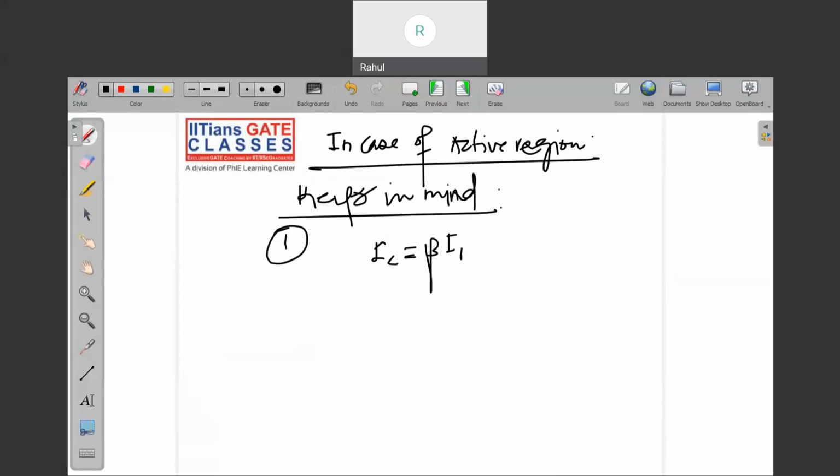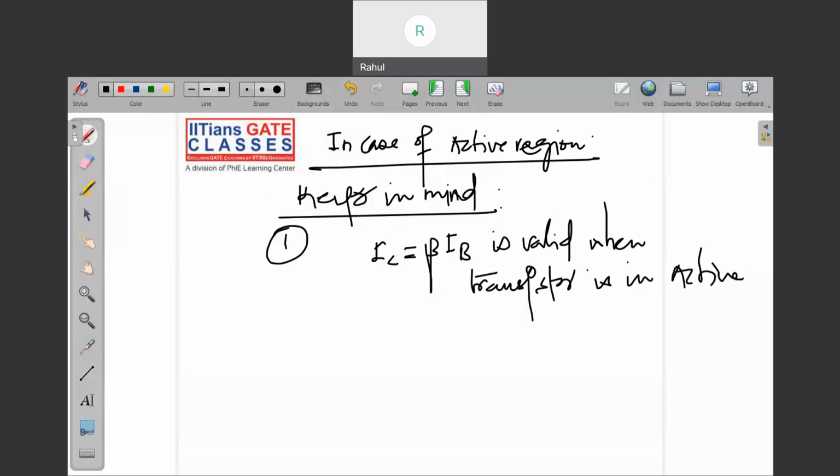IC equal to beta IB is valid when the transistor is in active region, right? If the transistor is not in active region, then you can't use the equation IC equal to beta IB, okay.